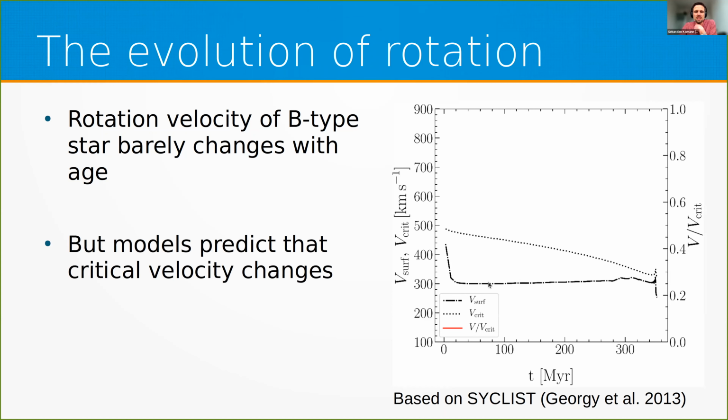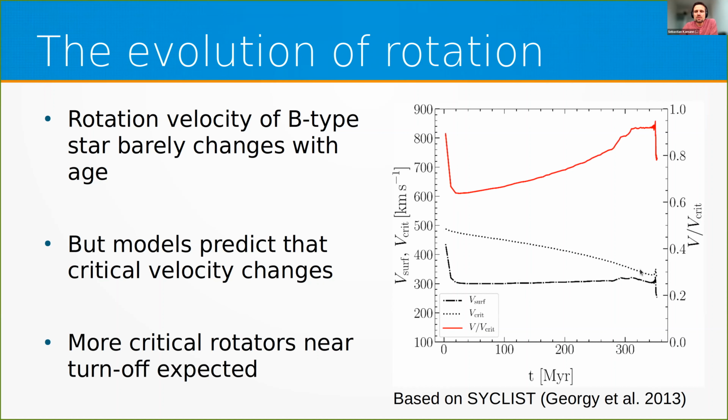Because what seems to change is the critical velocity of a star. So as the star approaches the end of its main sequence lifetime, which is of the order of 350 million years, you see that the critical velocity drops down as the internal structure of the star changes.